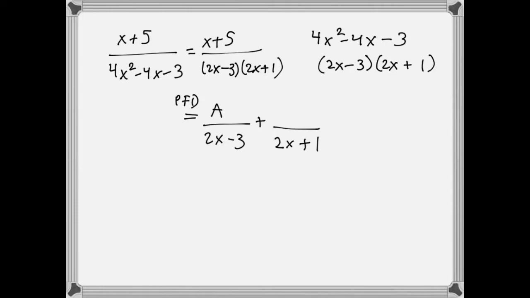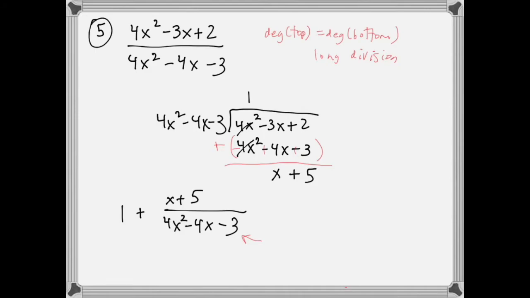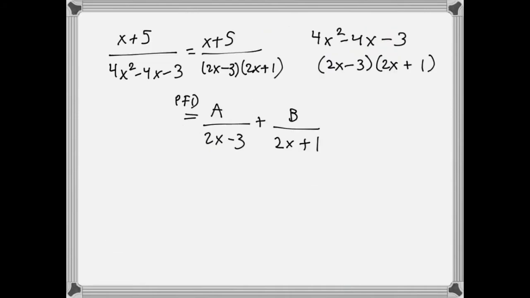Sorry, I don't know why I used a C. Usually we just use the letters as they come in order. Okay, so we have 2 unknowns for that one. Let's not forget too that we also had on the other page, we had this 1, right? We can't forget about that. In the very end of the problem, we would have plus 1.